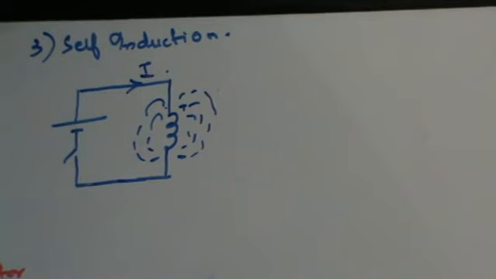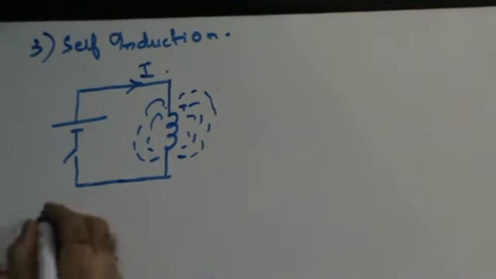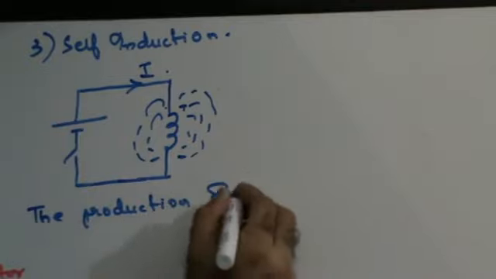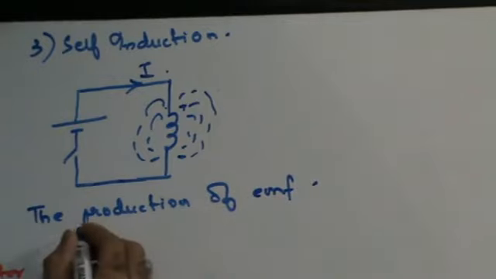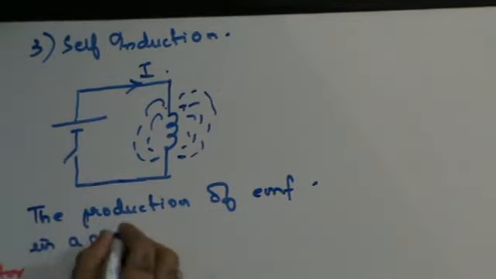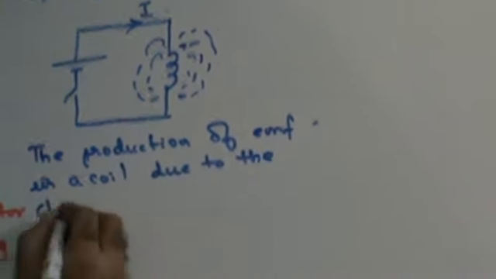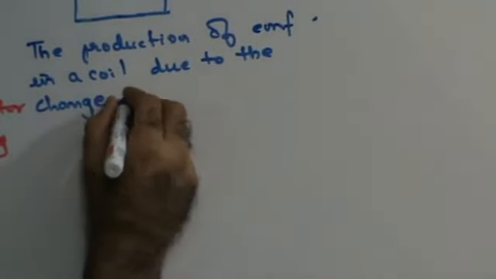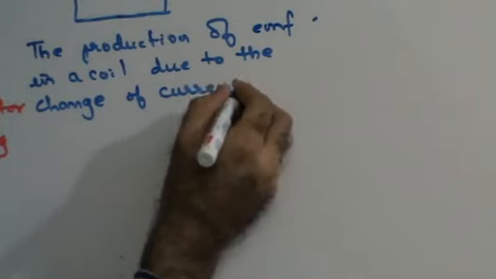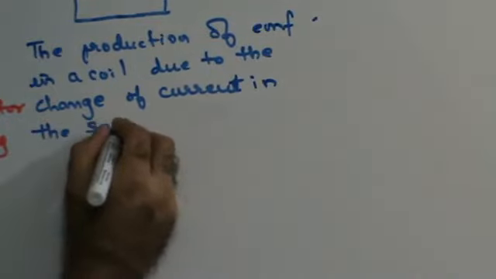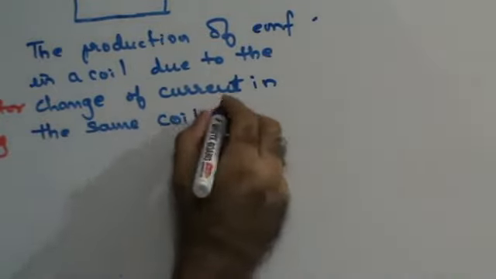So the production of EMF in a coil due to the change in the current in the same coil is called self-induction.